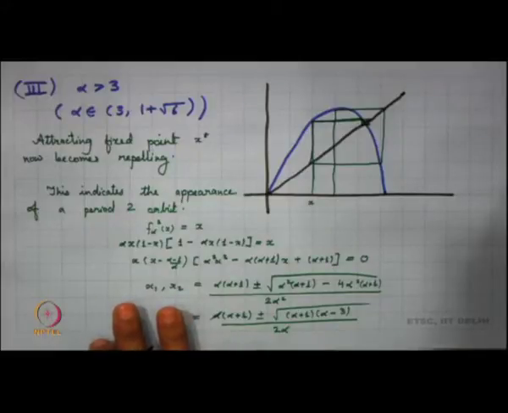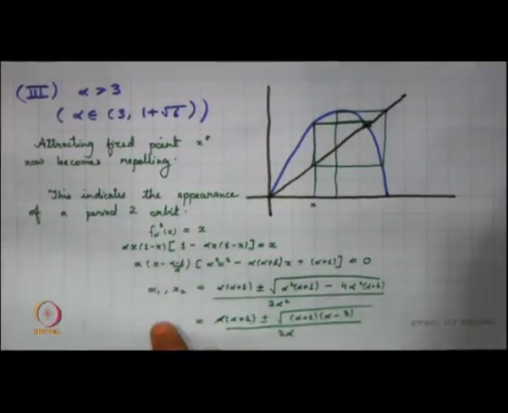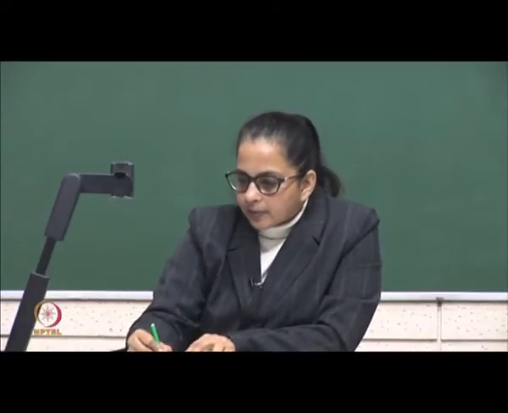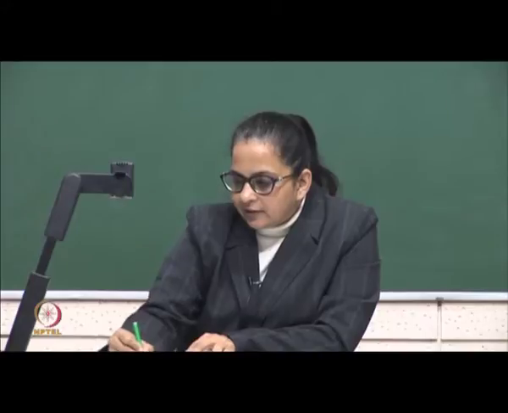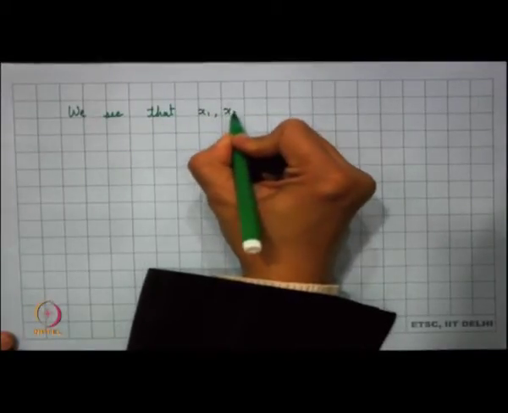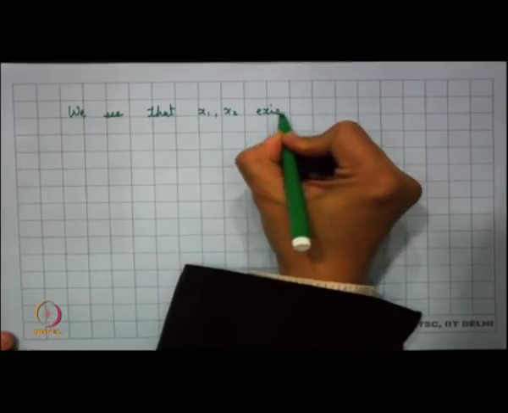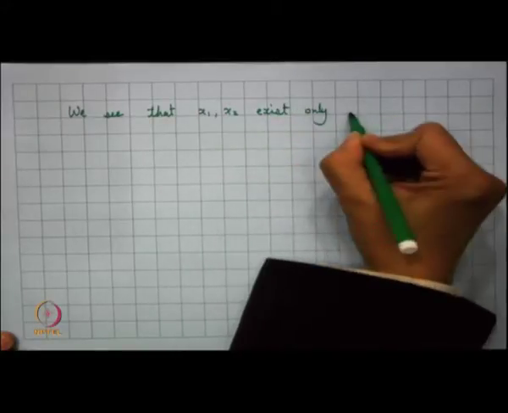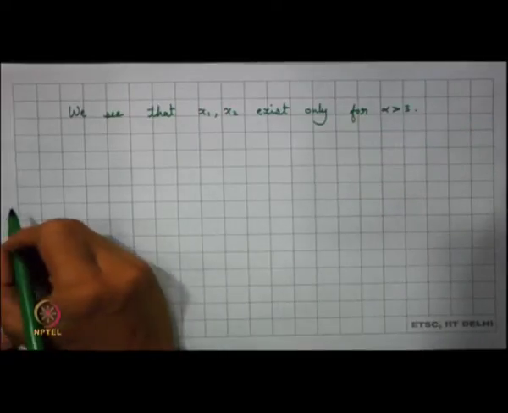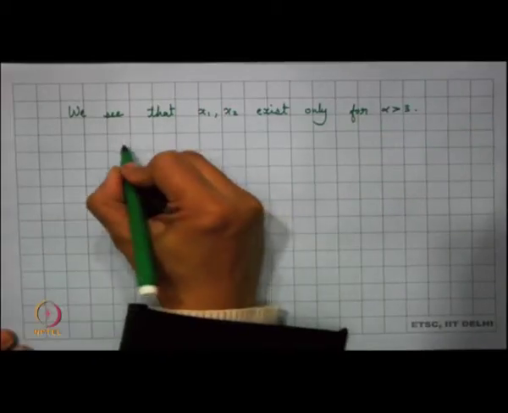So, only when alpha is greater than 3 do we have x1 and x2 existing, and when x1 and x2 exist, we can now think of what happens to the dynamics, or what happens to this particular period 2 orbit. Now we can look into the dynamics.